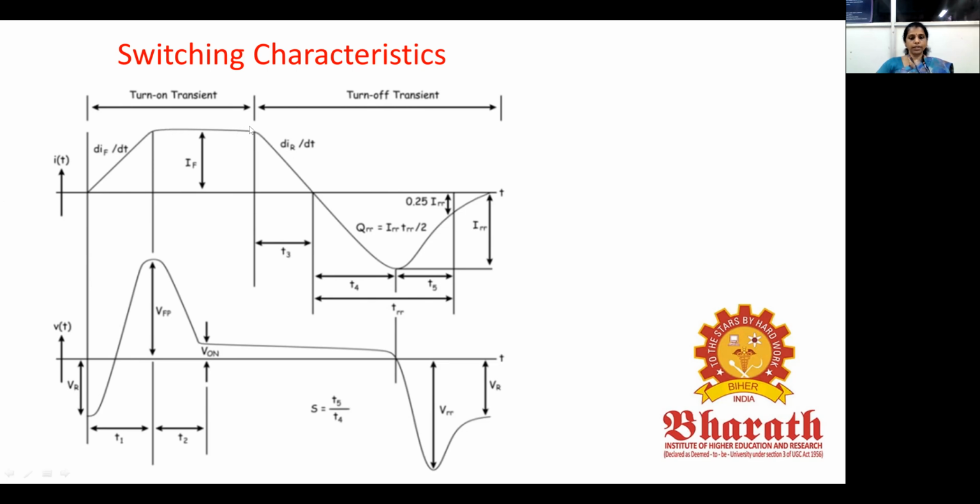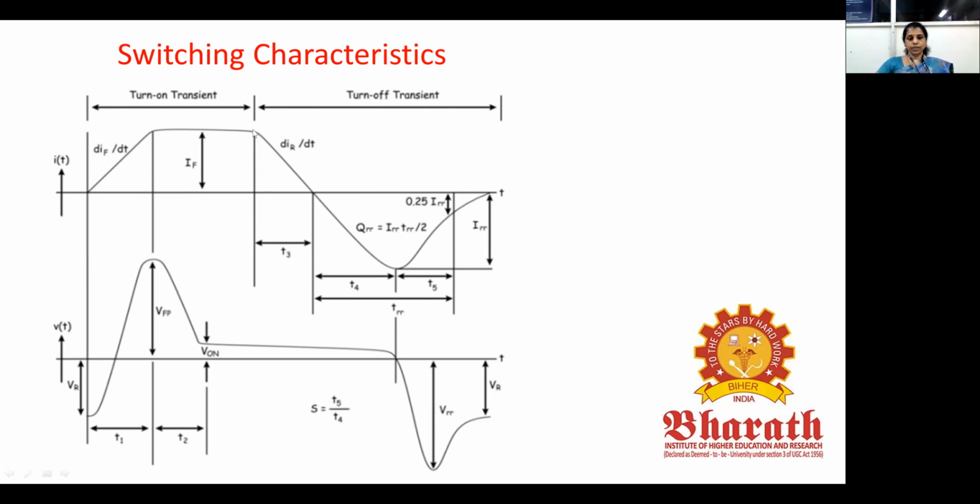And now when the forward bias condition, that is the supply voltage to the anode cathode potential of the diode, is removed, what will happen? Gradually my current will reduce. You can see that the curve reduces, but it will not reach zero instantly.